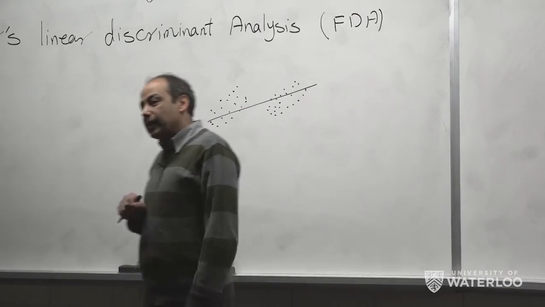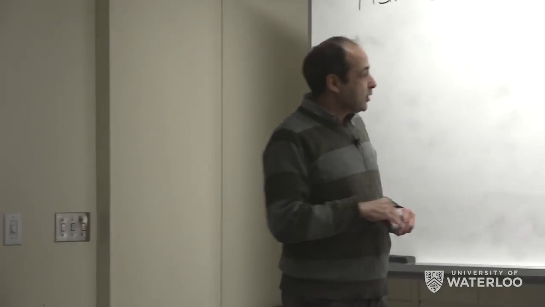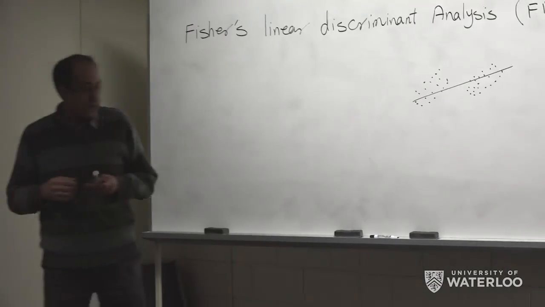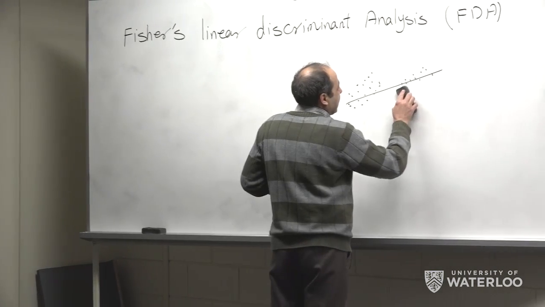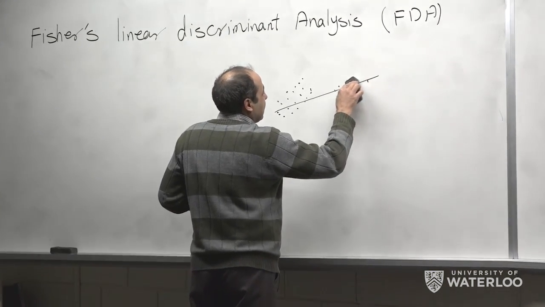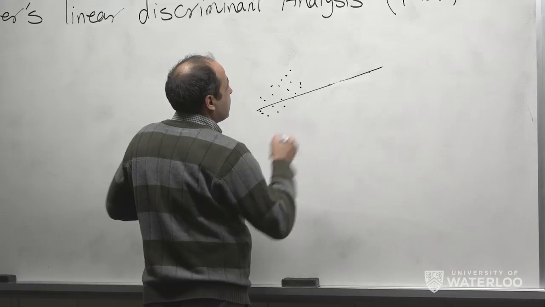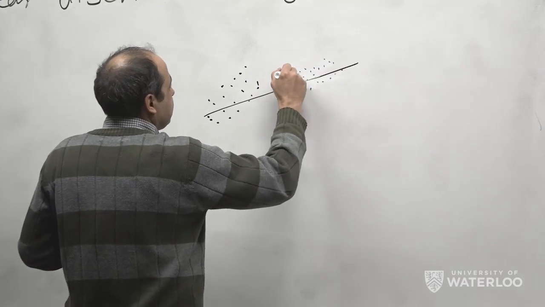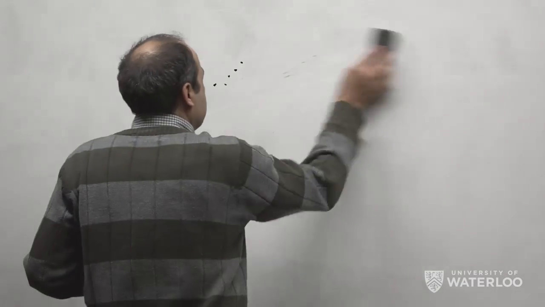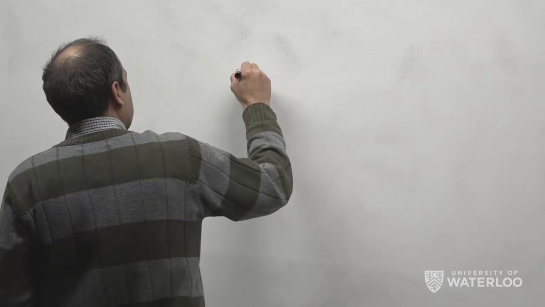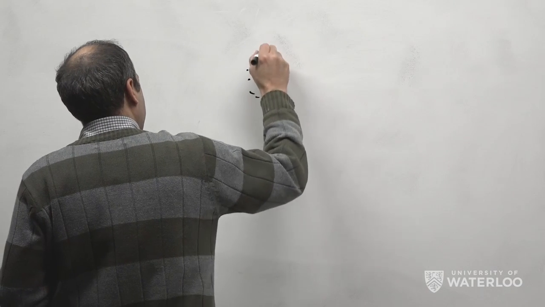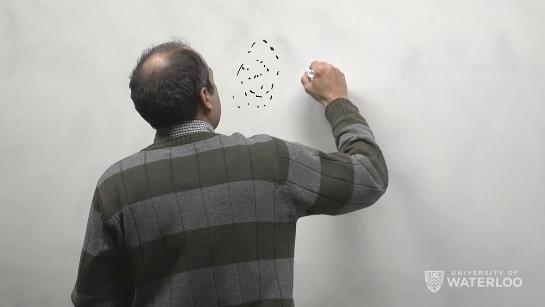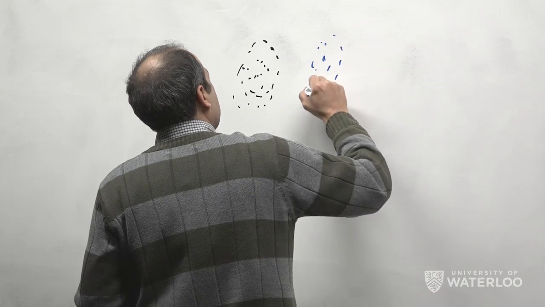Suppose that I want to do classification, and suppose that these two clouds of data are coming from two different classes. This is one class, and this is another class.